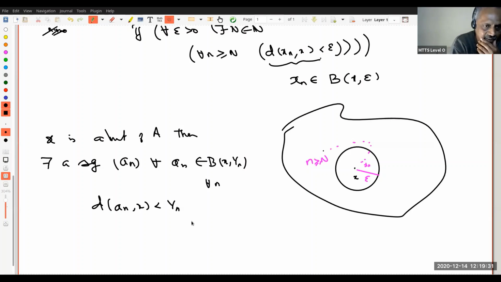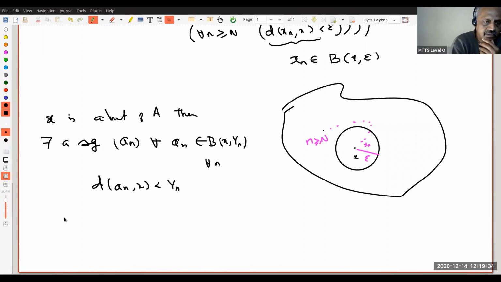You understand that? So therefore what we have proved is if x is a limit point of A, there is a sequence a_n in A so that a_n converges to x.